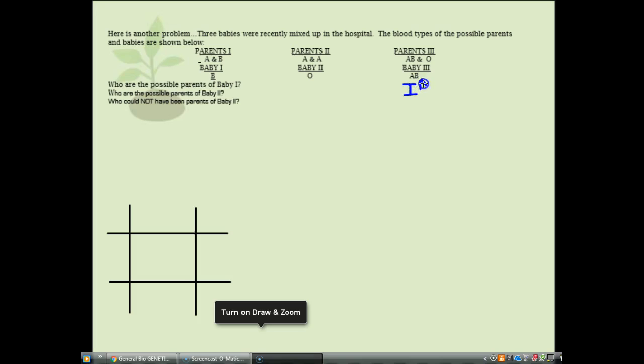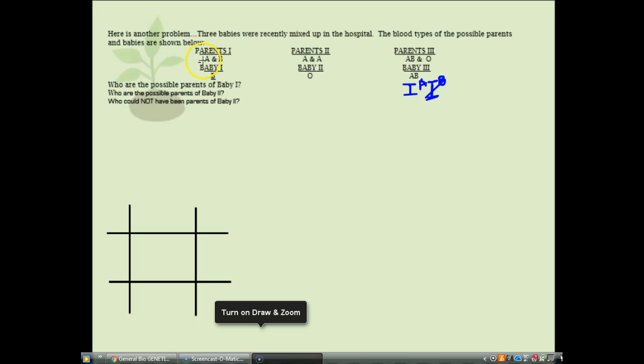Imagine that's an A, and this is B. If I go back and look, there's no B antigen in parents 2, so parents 2 could not be the parents to baby 3.